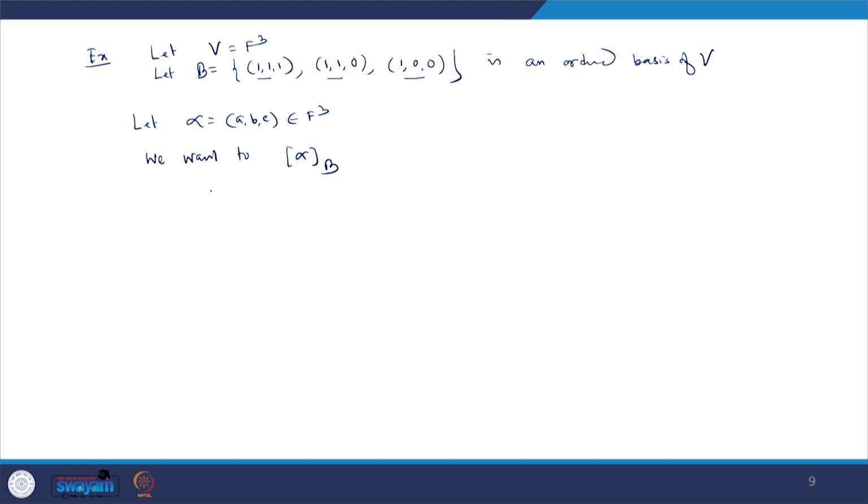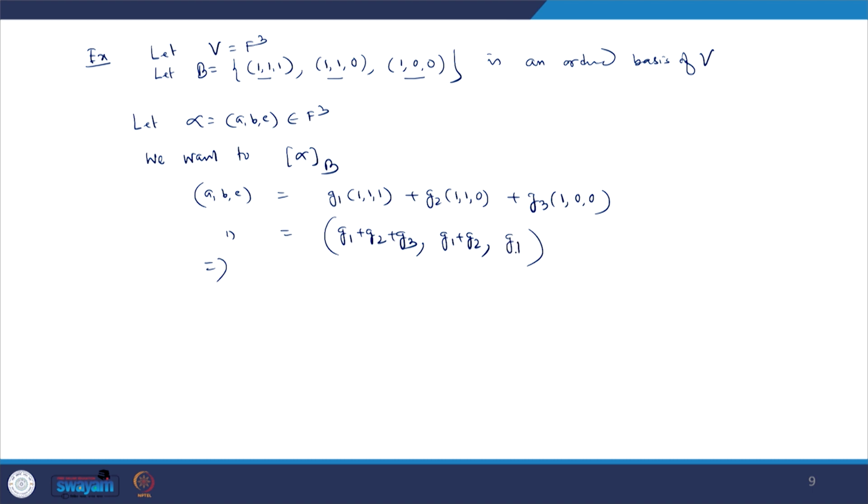So, I have to write (a, b, c) as a linear combination: g1 (1,1,1) plus g2 (1,1,0) plus g3 (1,0,0). I have to find the coefficients g1, g2, g3, whose transpose will be my coordinate matrix of alpha. So, this is equal to (g1 plus g2 plus g3, g1 plus g2, g1).